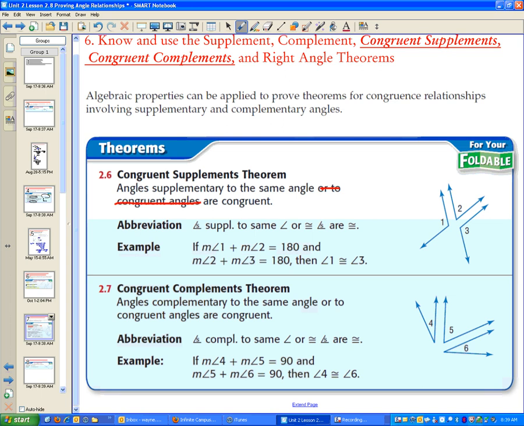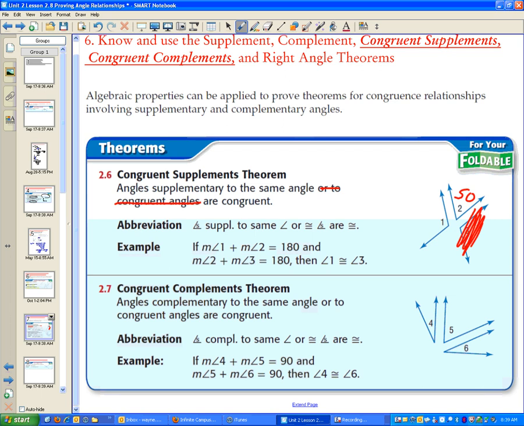So look at the figure. In the figure, we're going to say that angle 1 is supplementary to angle 2, and angle 3 is supplementary to angle 2. The congruent supplements theorem says that means that angle 1 is congruent to angle 3. Well, look, it's got to work that way. Let's say the measure of angle 2 is 50, and let's pretend that's not there.